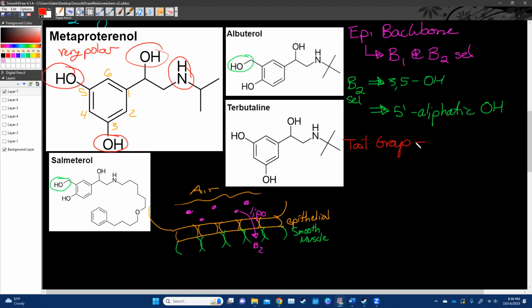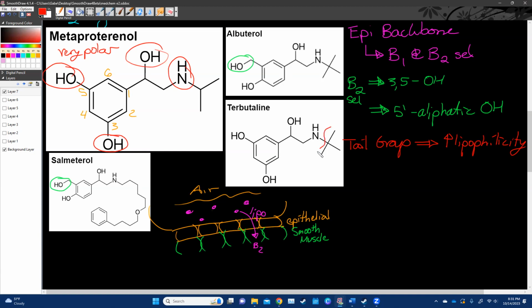In order to facilitate the drug getting to the smooth muscle, we need to increase the lipophilicity of the drug. So metaproterenol uses an isopropyl group, which barely enables it to get to where it needs to go.